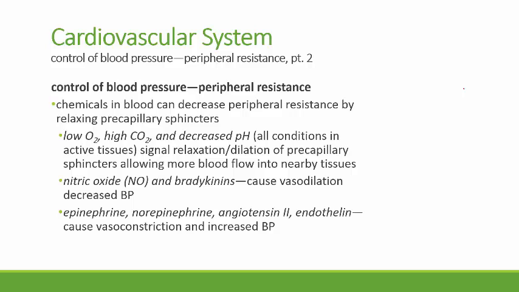Then there are chemicals called angiotensin, specifically angiotensin 2, and another chemical made by the tunica interna called endothelin. These all cause vasoconstriction, which will increase blood pressure. That kind of sympathetic stimulation that we get from epinephrine and norepinephrine is going to cause a rapid increase in blood pressure.